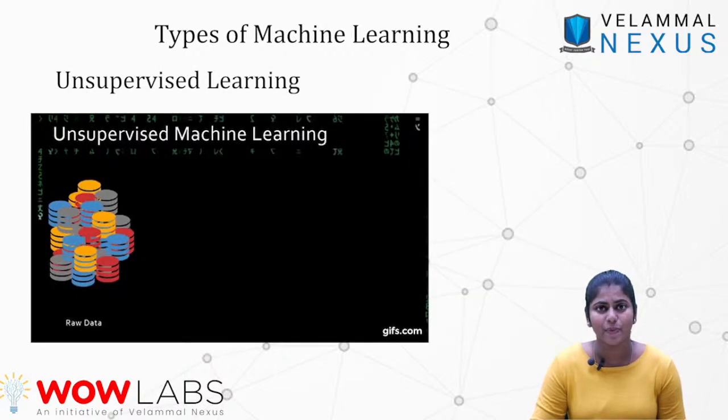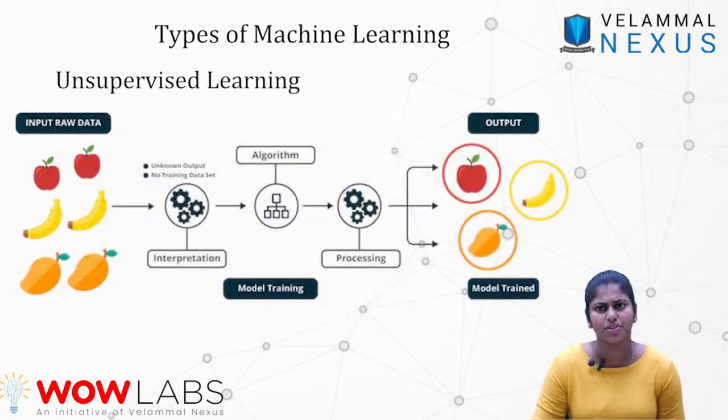So what is unsupervised learning? Unsupervised learning is the second type of machine learning in which unlabeled data are used to train the algorithm, which means it is used on data that has no historical labels. What is being shown must be figured out by the algorithm.